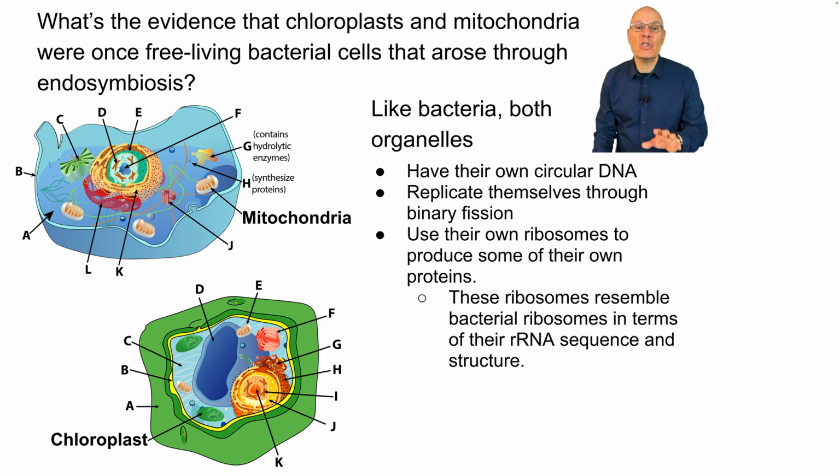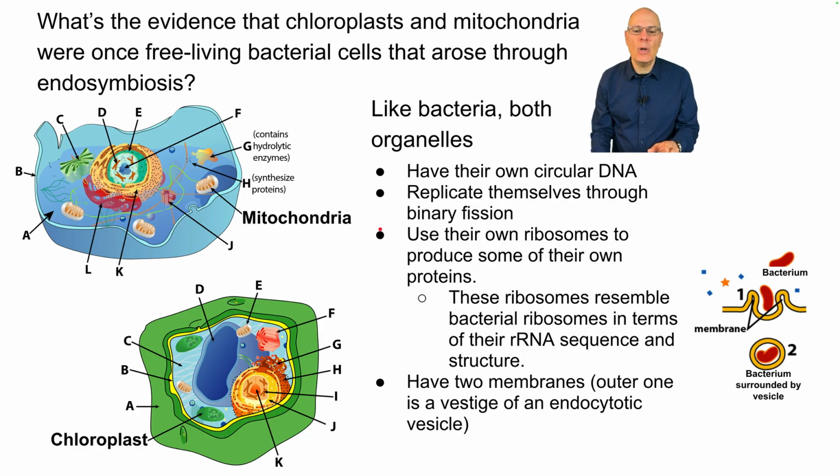These ribosomes resemble bacterial ribosomes in terms of their rRNA sequence and structure, and they have two membranes. The outer one, so the outer bacterial membrane, let's consider it over here, is a vestige of an endocytotic vesicle. An archaeal cell took up that bacterium, and now all of those organelles, mitochondria and chloroplasts, have two membranes.